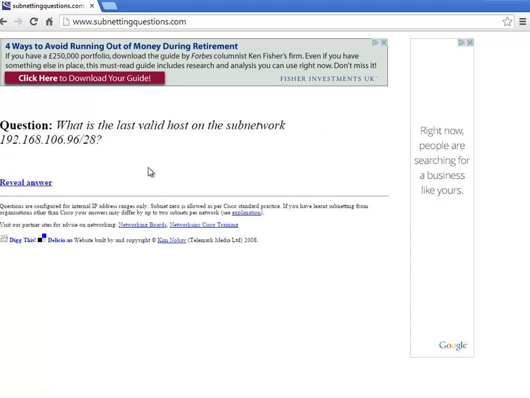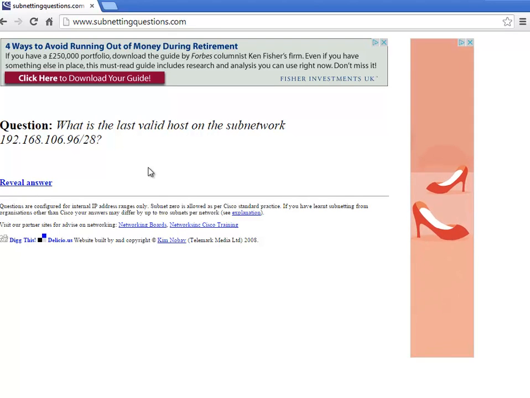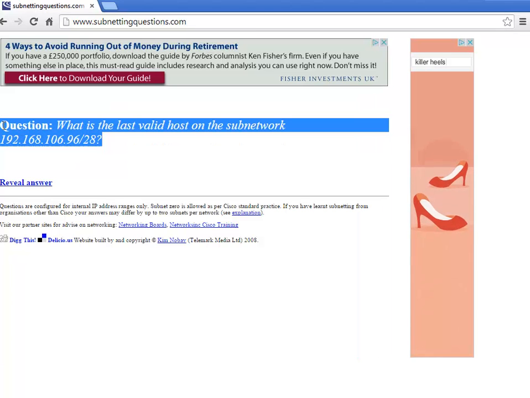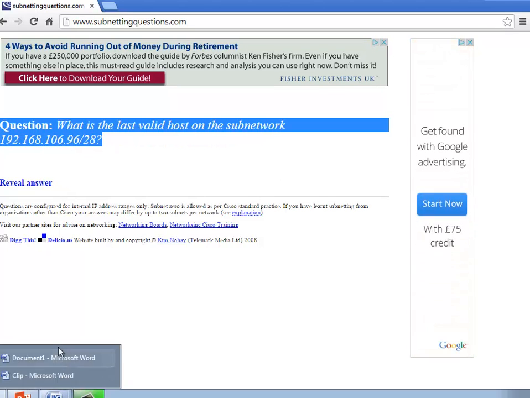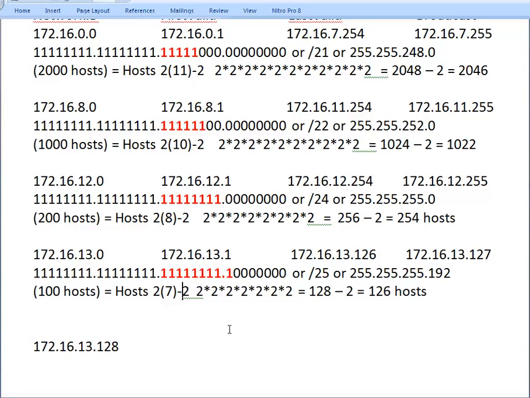So for example, let's take a few questions here. The first question is, what is the last valid host on this subnet network? I'm going to put it in my document here. Let's have a look.